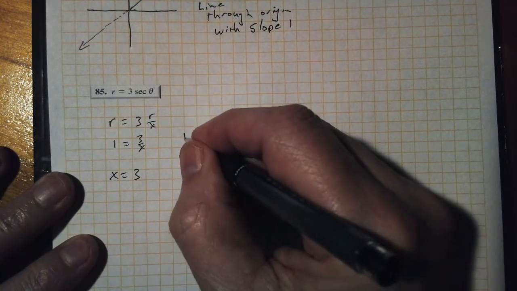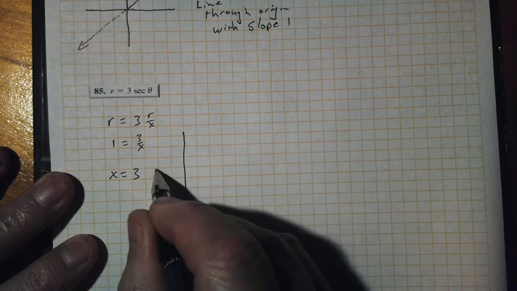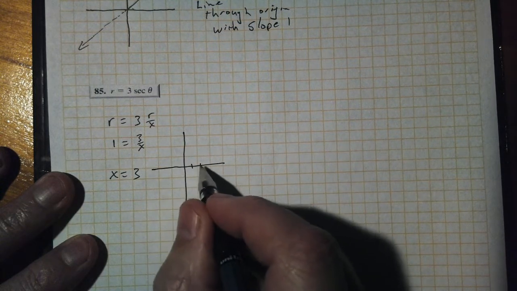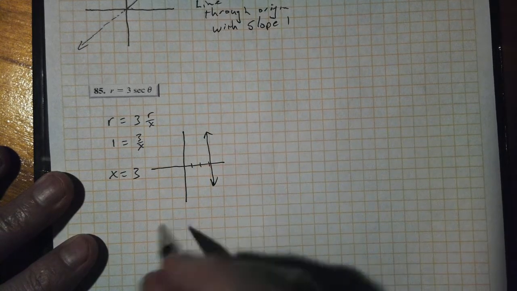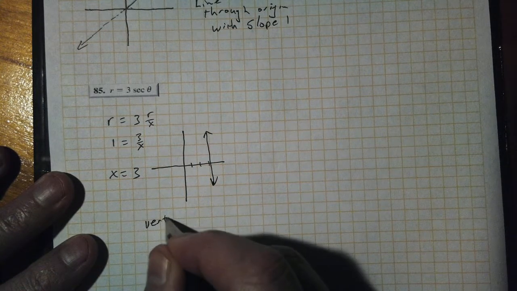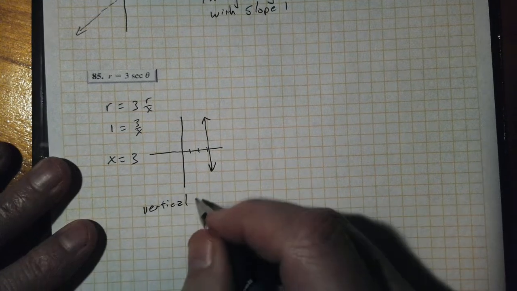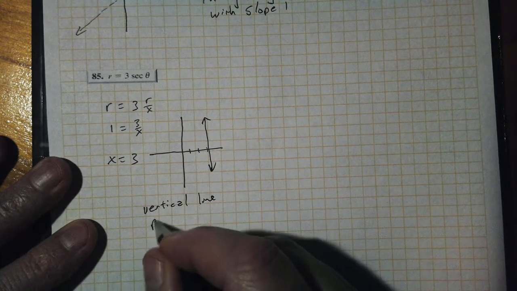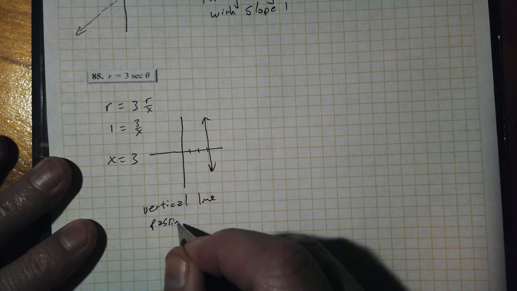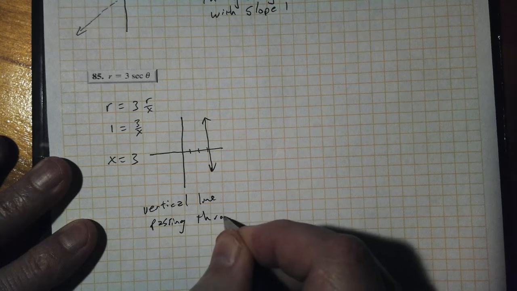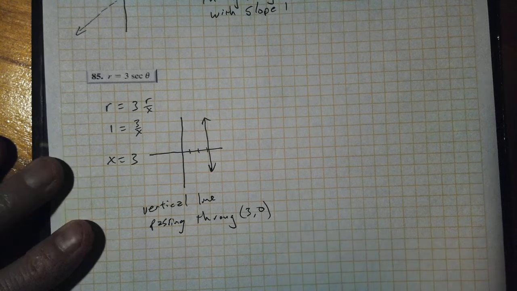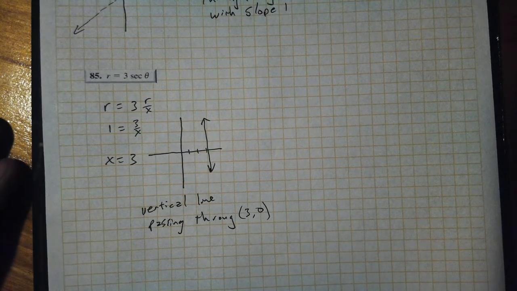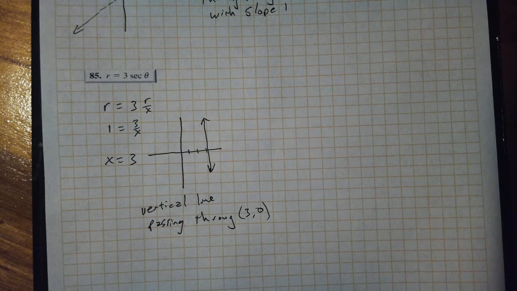And therefore, our line looks like this. Describe it. I guess I would say it is a vertical line passing through, for instance, (3, 0). Okay, and there you have it.